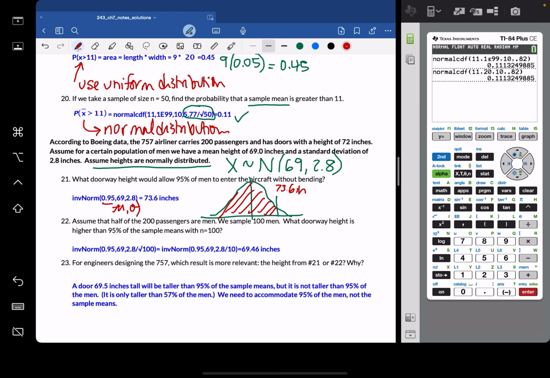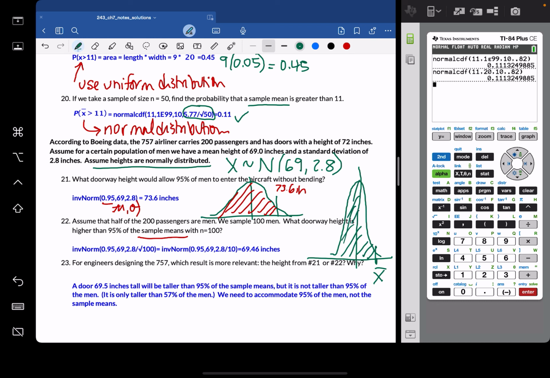If we sample 100 men, what doorway height is higher than 95% of the sample means? So it's the exact same question, except now it's about the sample means. So if we're talking about the sample mean distribution, suddenly the distribution gets a lot skinnier, and we're trying to locate what X bar value is going to be bigger than 95%.